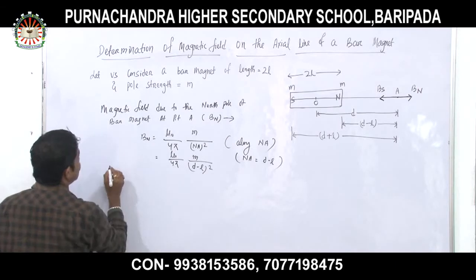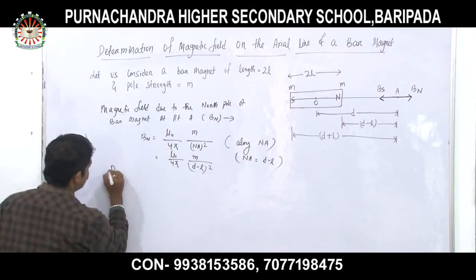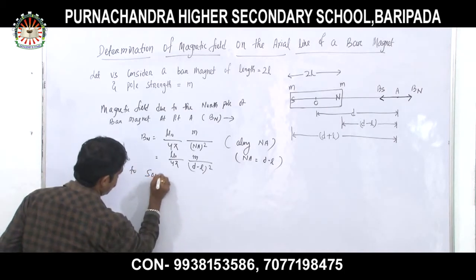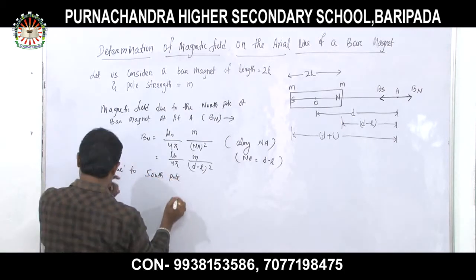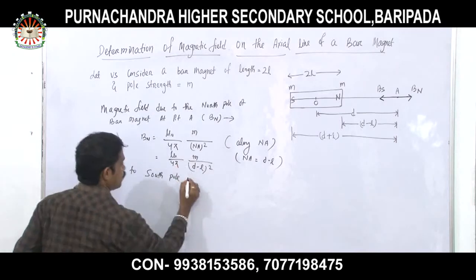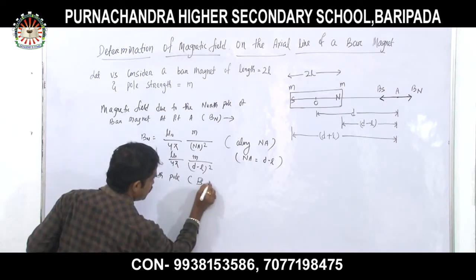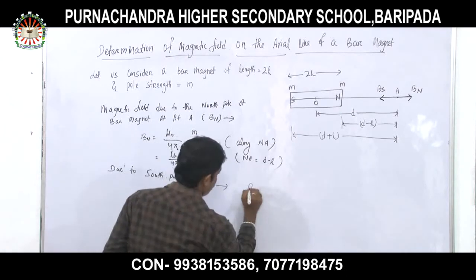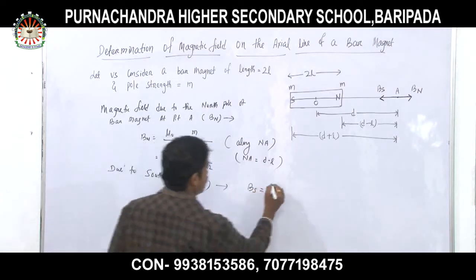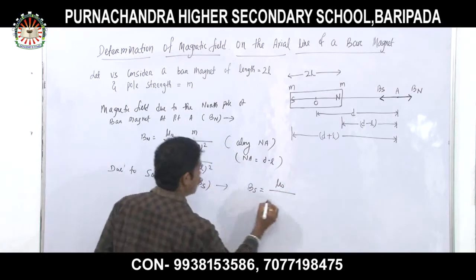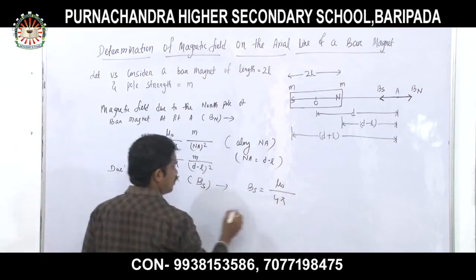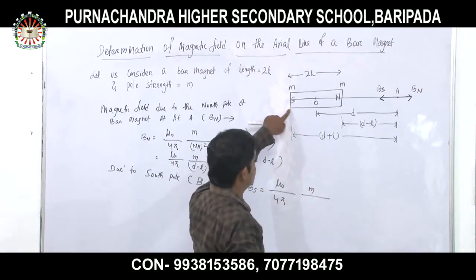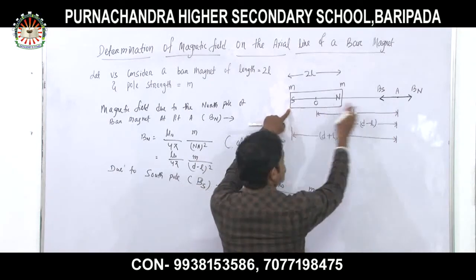Now due to the south pole, that is Bs. Let us find out. Bs is equal to the same formula, mu0 divided by 4 pi, m divided by the distance from the south pole to this point.